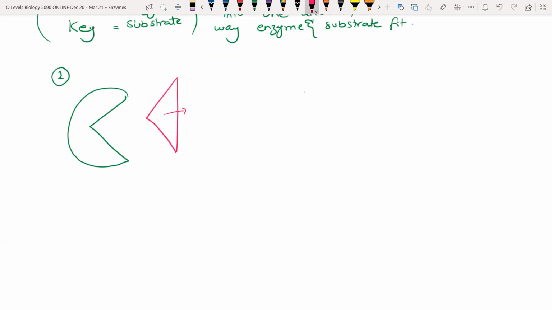Okay, so that's the substrate. And of course, that's the enzyme. And let me highlight the way I highlighted the active site. All of us know that this is the active site. Okay, so let me label this as the active site.